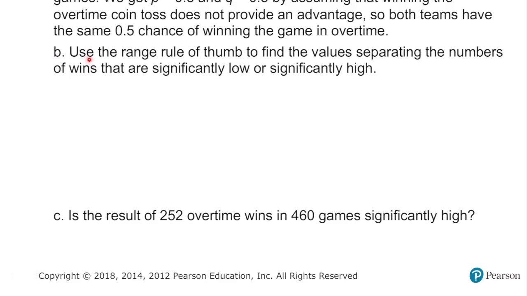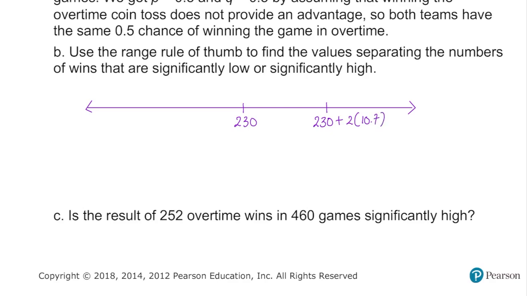B. Use the range rule of thumb to find the values separating the numbers of wins that are significantly low or significantly high. I have the mean in the middle, which is 230. This number is the mean plus 2 times standard deviation, and this number is the mean minus 2 times standard deviation.